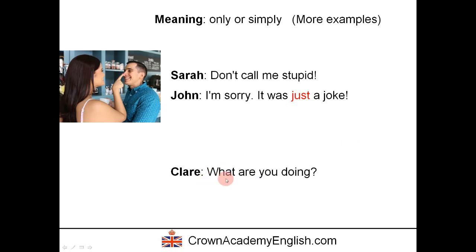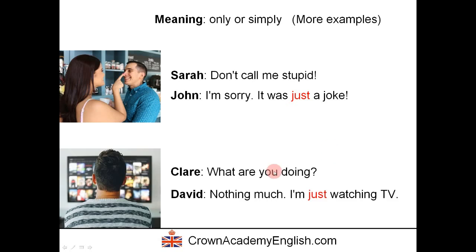Claire asks, "What are you doing?" And David replies, "Nothing much. I'm just watching TV." So I'm simply watching TV, or I'm only watching TV. So we say this if someone asks, "What are we doing?" and we're not doing anything in particular. We're not doing anything very important.